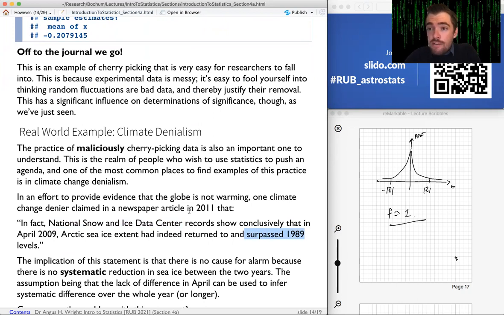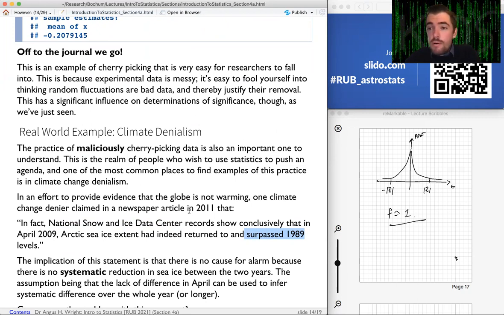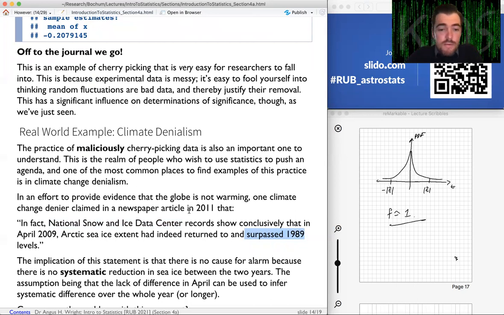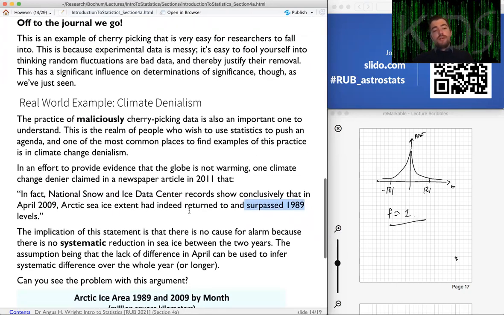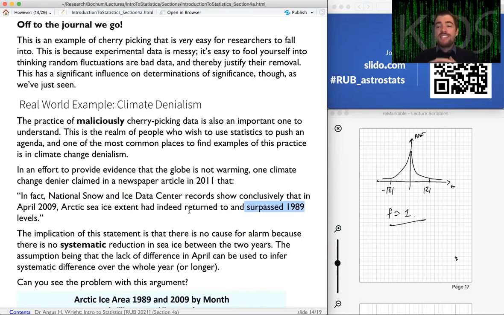There's no worries that we have with climate change because there is no systematic reduction in sea ice because the observations in April of 2009 were in excess to what we observed in 1989. Okay? And therefore, you are taking that data point as a demonstration that there hasn't been a systematic reduction in sea ice between those 2 years.